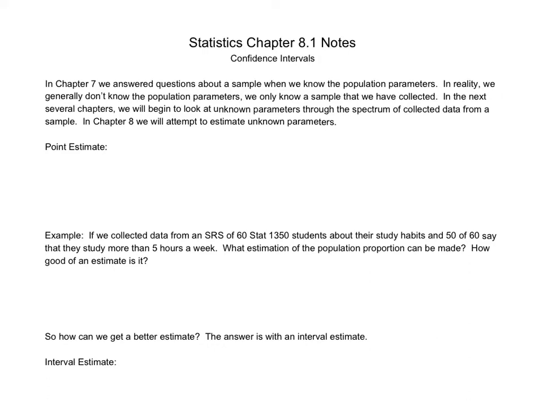In chapter 7, we talked about samples when we knew information about the population parameters. But in reality, we generally won't know the population parameters. We'll only know a sample that we have collected.